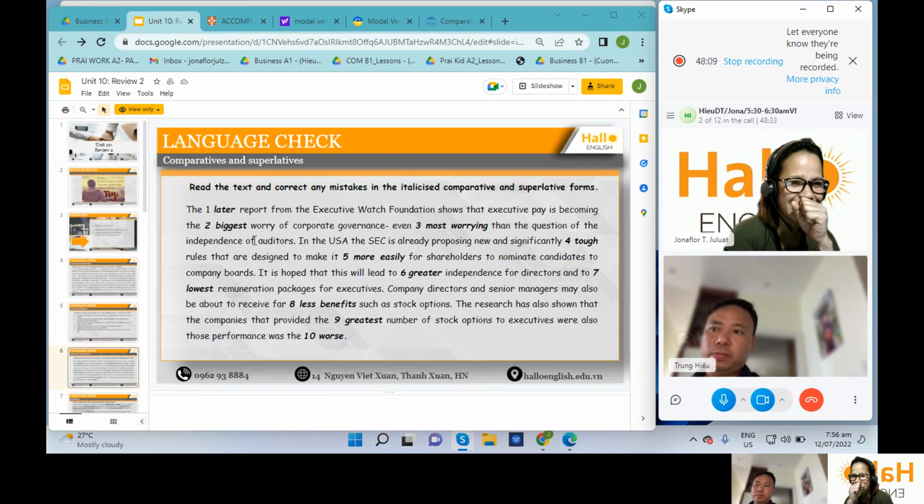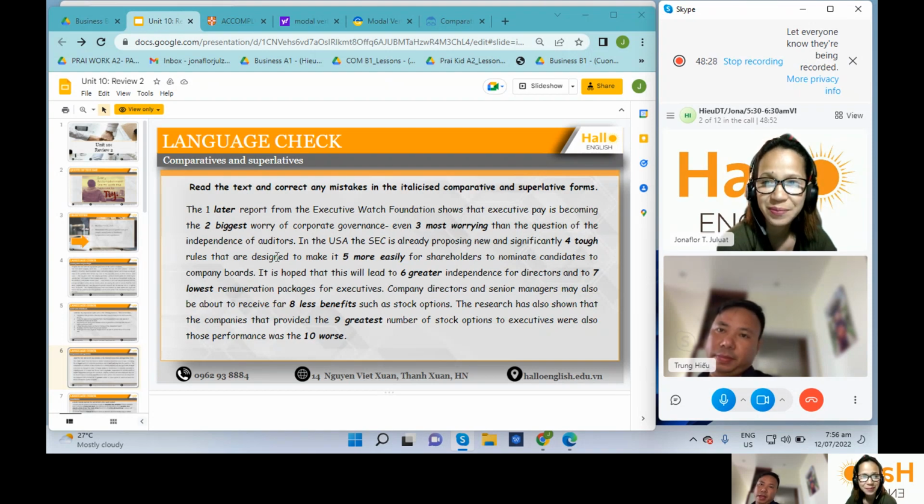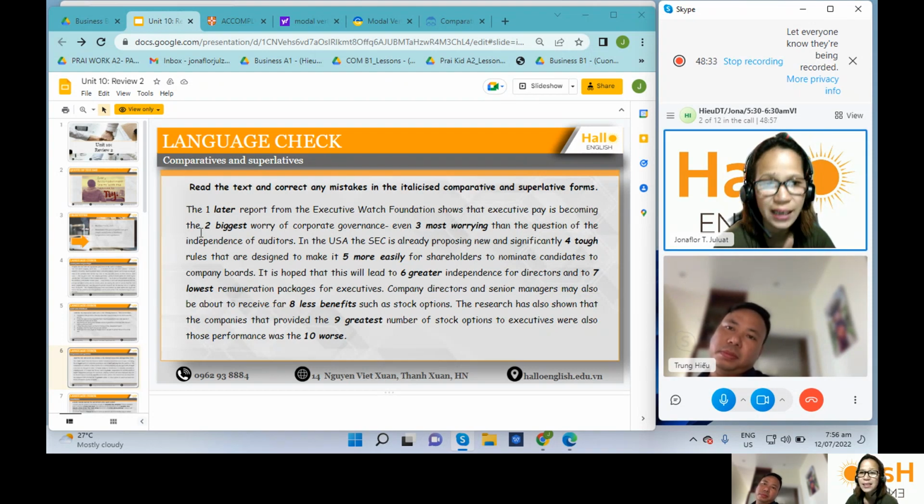Okay. That's it. It's a little bit confusing because if you change, for example this one, if the greatest is the superlative, then we will change worst into superlative too, right? Yes. But on this part, I think the biggest is correct, and we will change most worrying into comparative: even more worrying than the question of the independence of auditors.